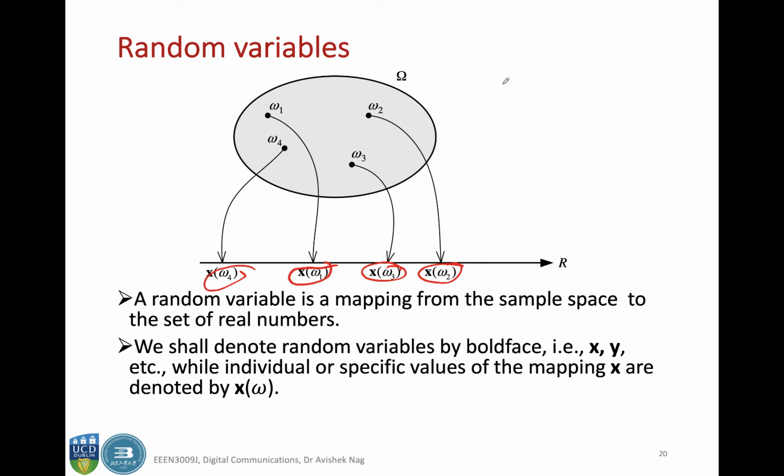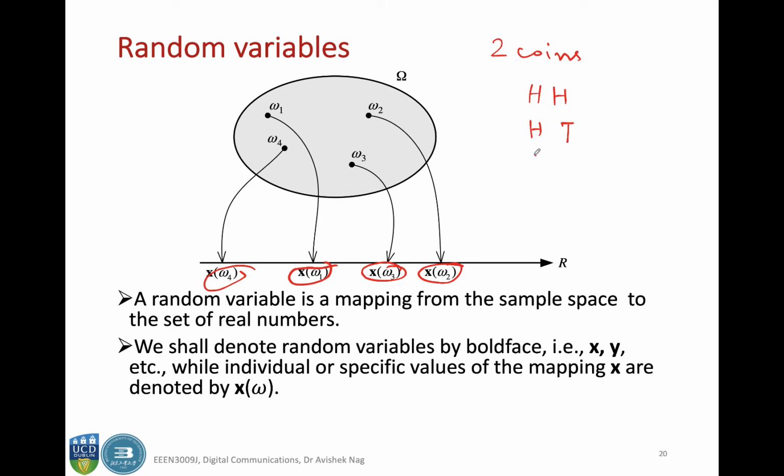Let's say I am tossing two coins together. If I toss two coins together, then what will be the outcomes? I can get two heads together. I can get a head and a tail, so a head first and a tail next.